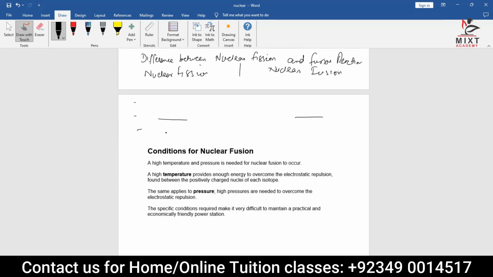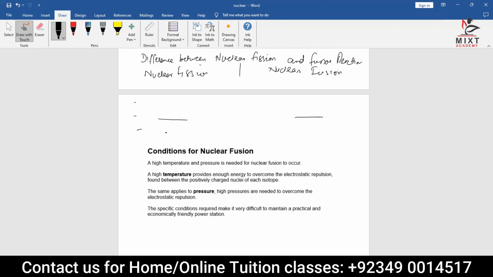The second point is the equation in which a neutron is bombarded on uranium and you get krypton and barium along with three neutrons and lots of energy. On the other side, you will have two hydrogen nuclei combined to give you a helium nucleus. Third point, conditions.